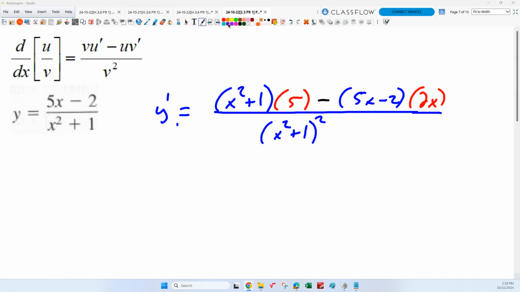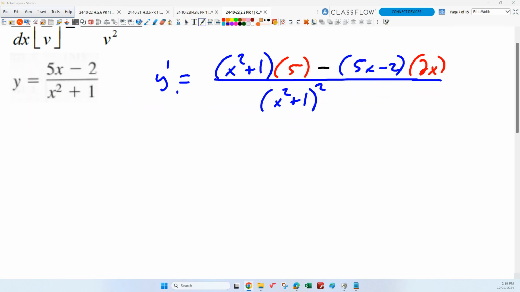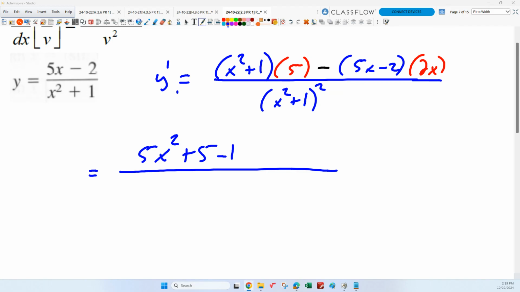Of course, we would need to simplify this, but simplifying it's just pretty basic algebra. We just distribute the 5, distribute the 2x, collect like terms, and what do we get? 5x squared plus 5. What do I get on the other side? Plus 4x. All over the quantity x squared plus 1 squared. Do we want to factor out or expand out the bottom?